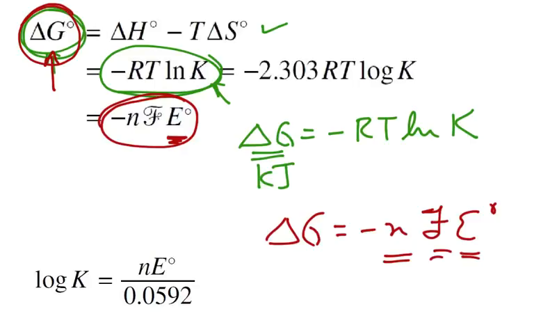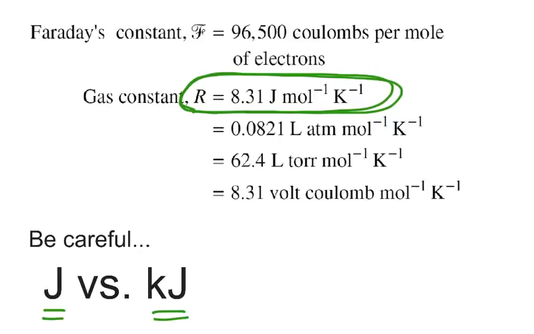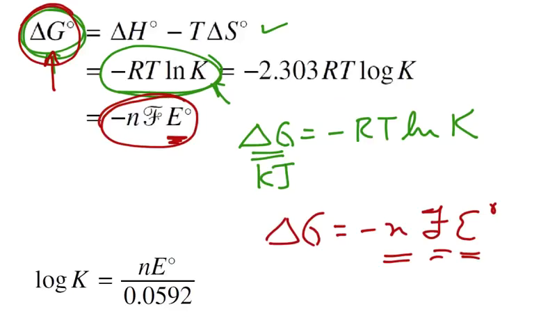And F is the Faraday constant, 96,500 coulombs per mole of electrons. So with delta G equal to negative NFE, we can convert from delta G into the voltage, or voltage back into our thermodynamic delta G, Gibbs free energy.